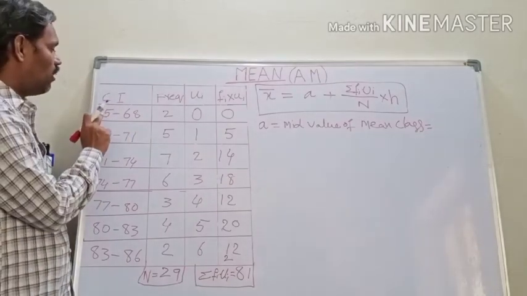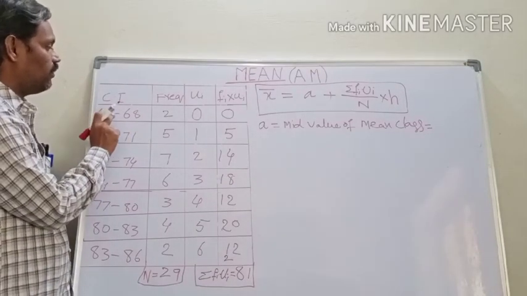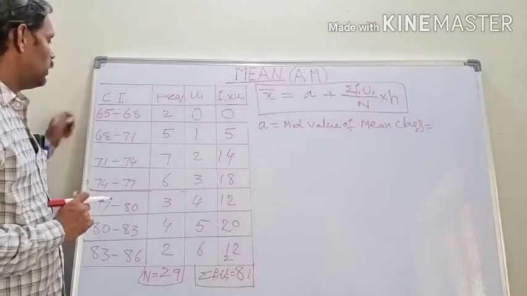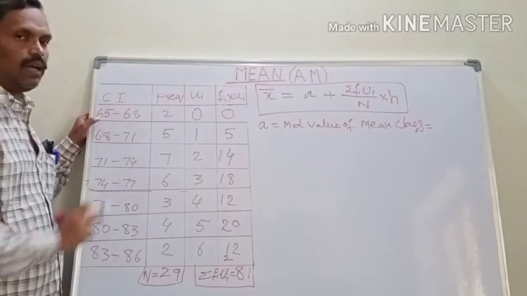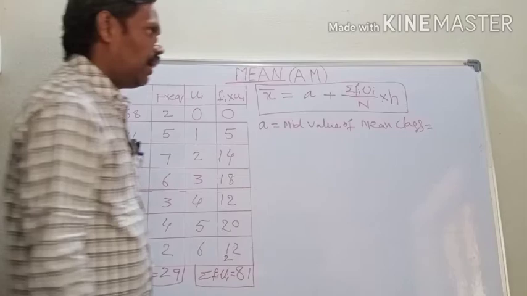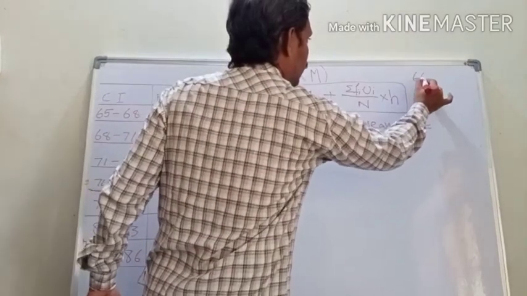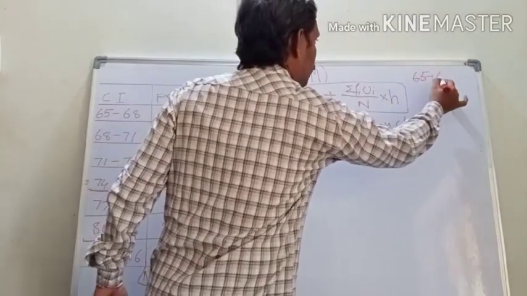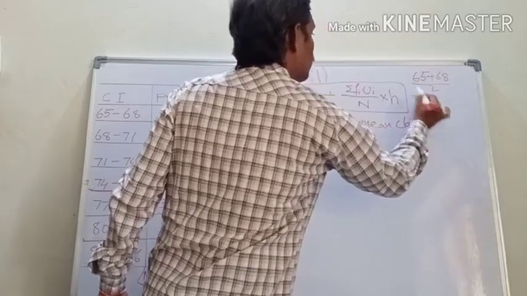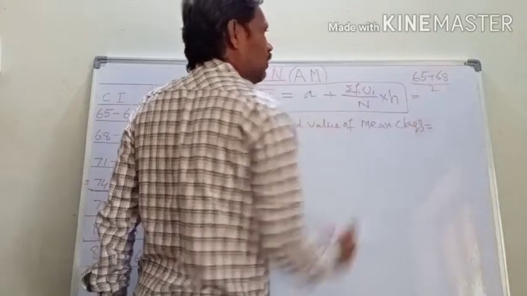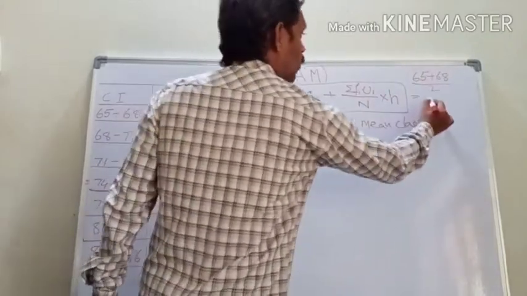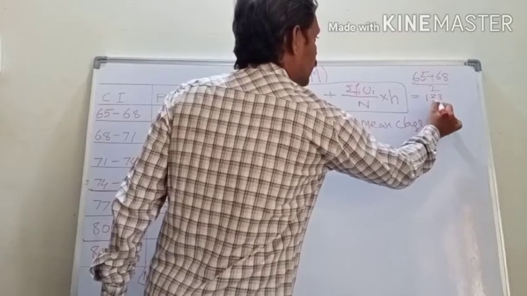That's why you have to find the mid value of 65 to 68. How can you find the mid value? This is the lower limit and this is the upper limit. You have to find the average of 65 and 68. If you calculate here, 65 plus 68 divided by 2. So it is nothing but 60 plus 60, 120, 125 plus 8, 13, overall 133 by 2.